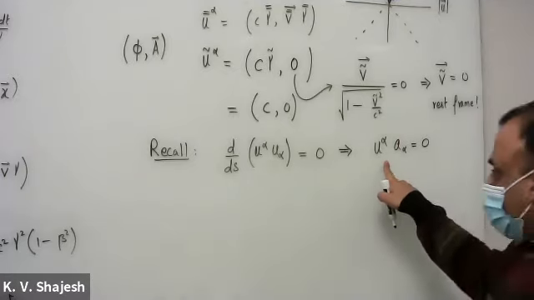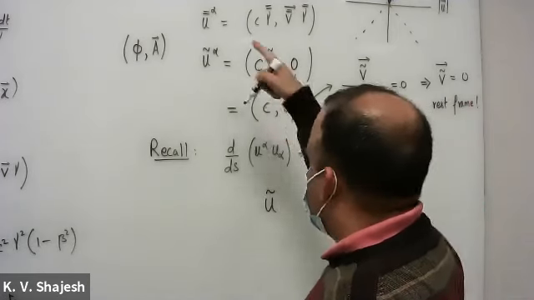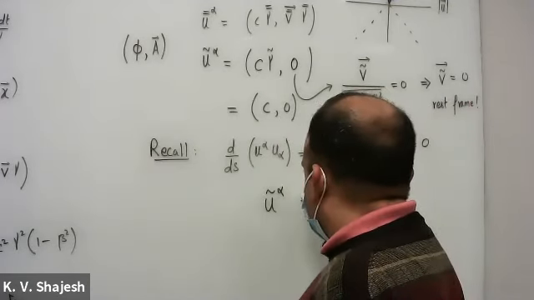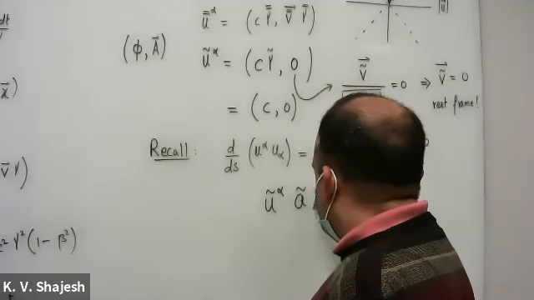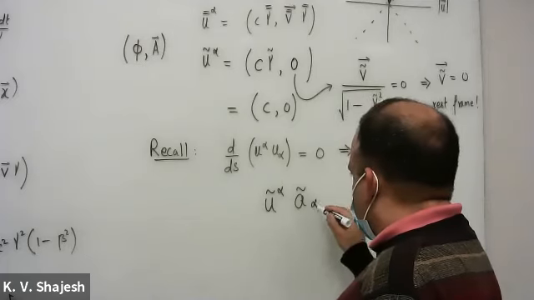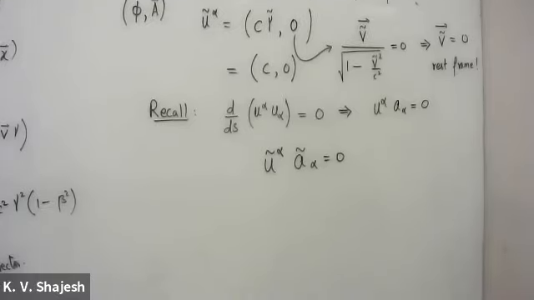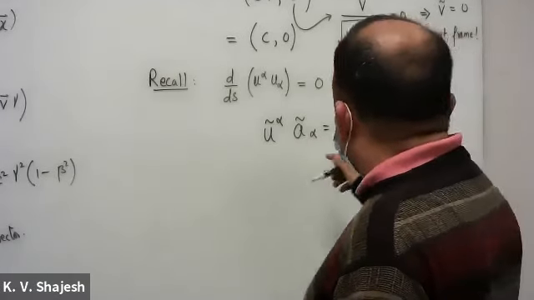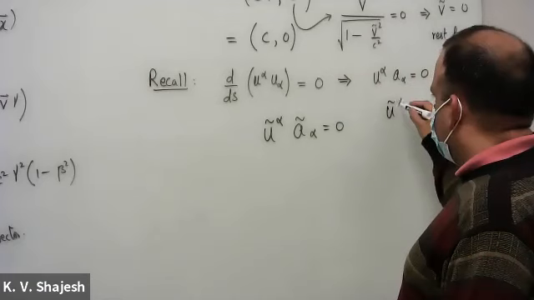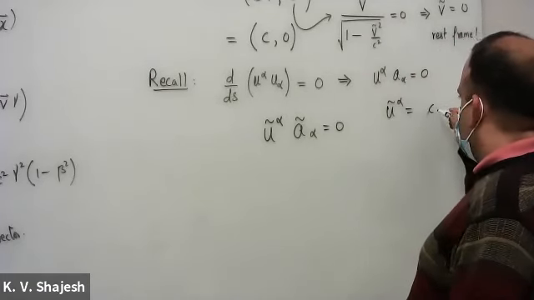If I now analyze this in my special frame, which I chose with a tilde, then if this is true in one frame, it is true in any frame. So in that special frame, what does it say? u tilde alpha is equal to c and 0.